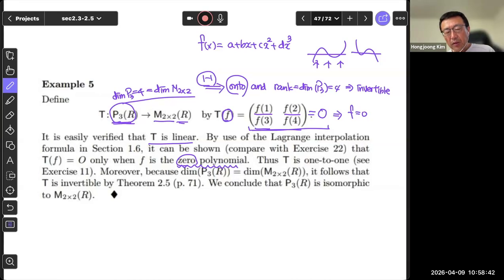So in example 5, as I said, we didn't find the inverse of T directly, but we could confirm that this T must be an invertible linear transformation. That's why T is an isomorphism and P3 is isomorphic to M sub 2 by 2.